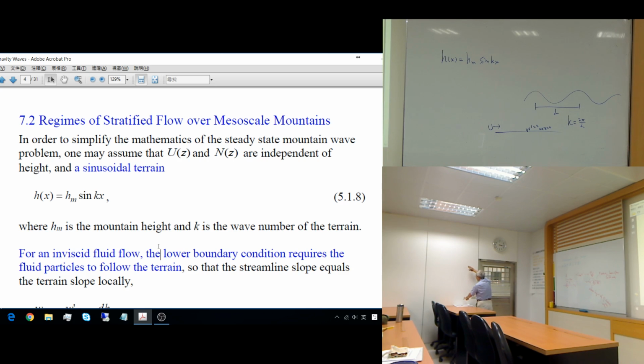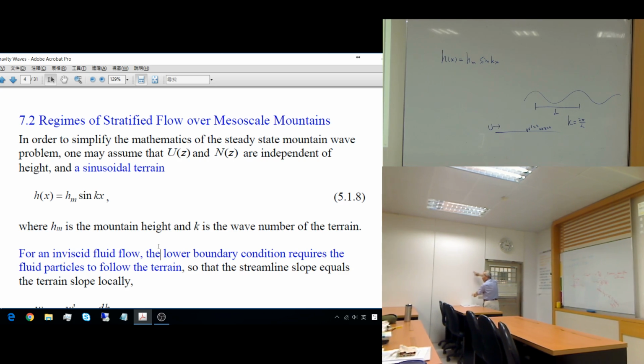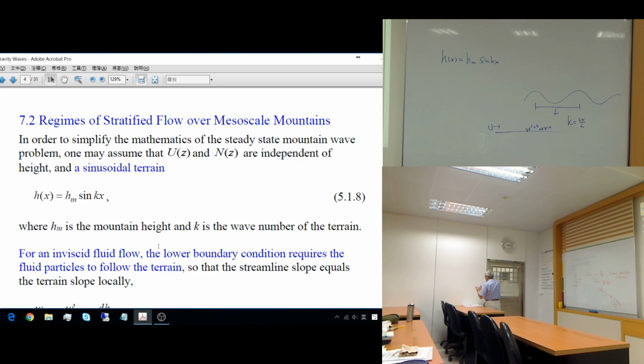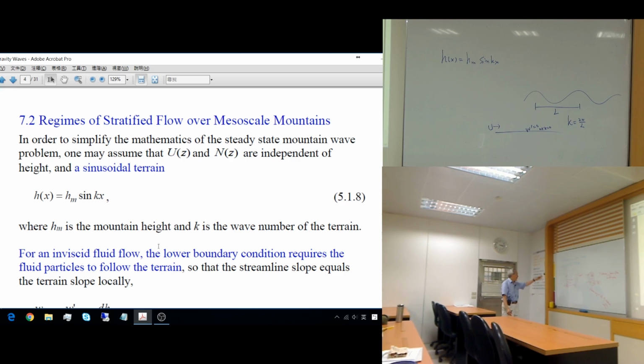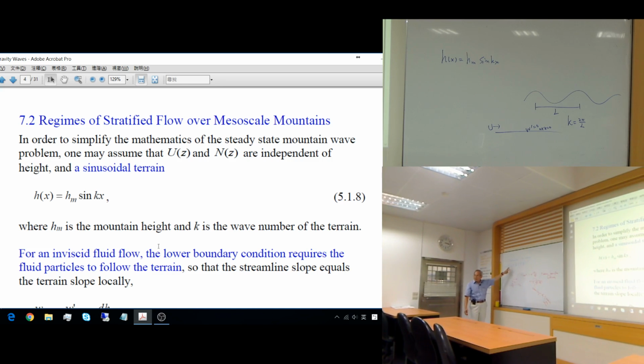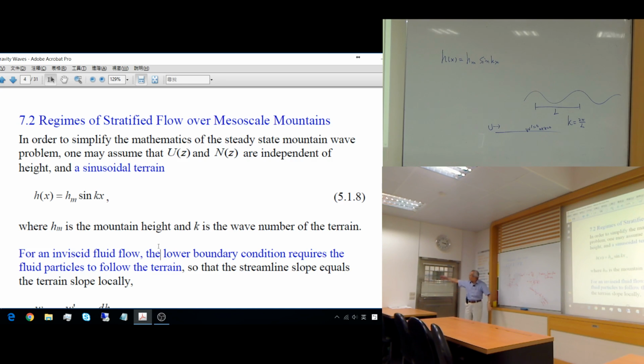If the boundary is the other way, flow comes in and you cannot have V wind. V will be 0. Say this is the x-z plane.